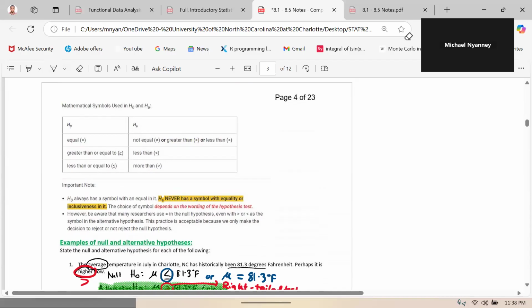It assumes the equal sign and the inclusiveness, and the HA does not assume the equal sign or the inclusiveness. So if I tell you to write a hypothesis test, you have to write H naught, HA, but where to put your signs, you should be careful with it. All right. So we have some explanations under it.